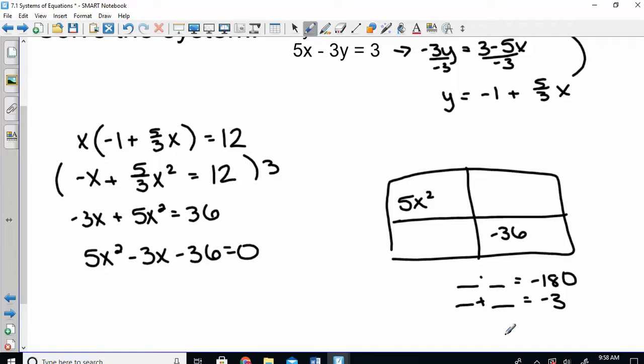Everybody can multiply. Negative 15 and 12.